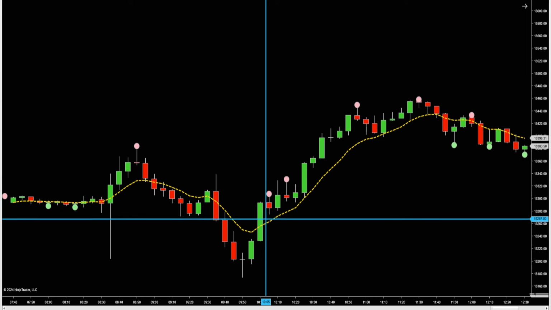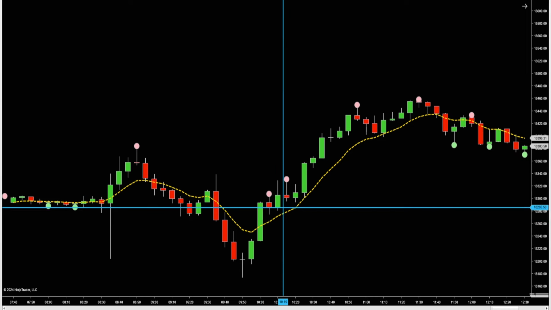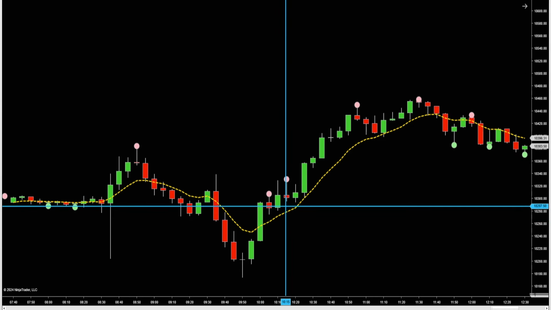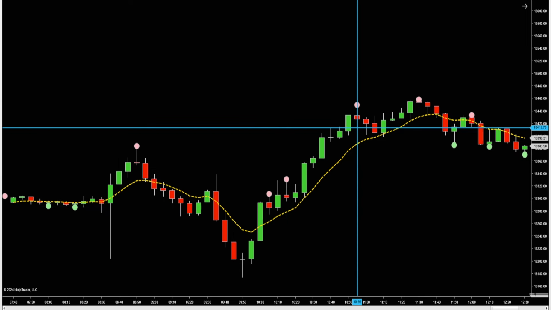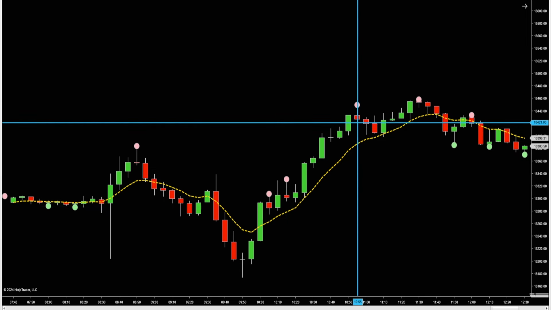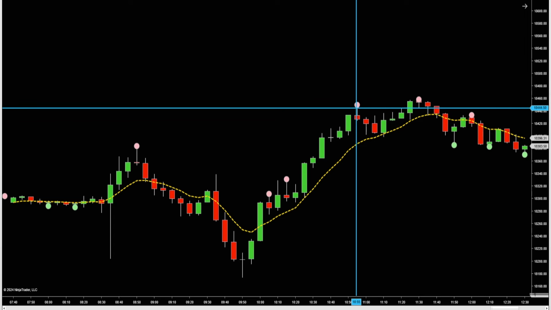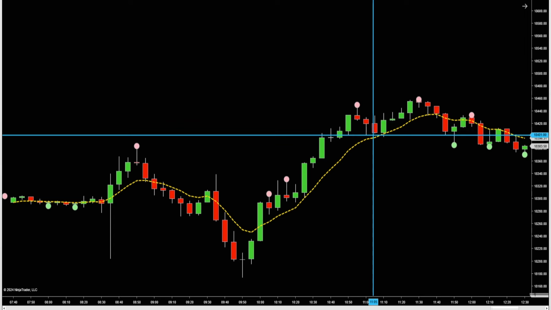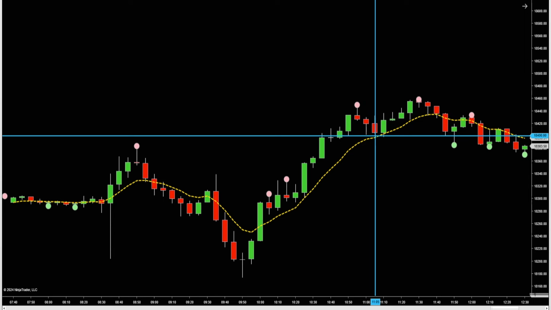These two signals, price never moved below the trigger candle, so we wouldn't have got into either of those. But 5 minutes to 11, we had price move below this signal candle, came down to the 8 EMA. That's over a 20-point move right there.